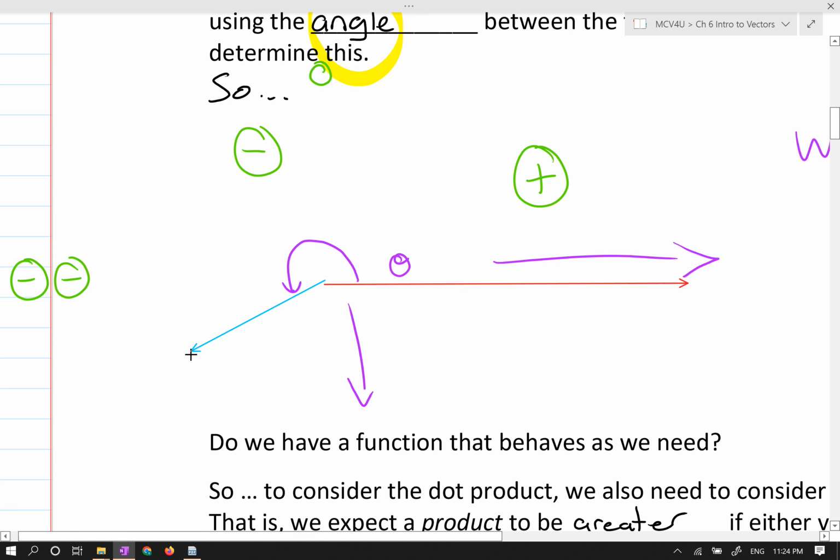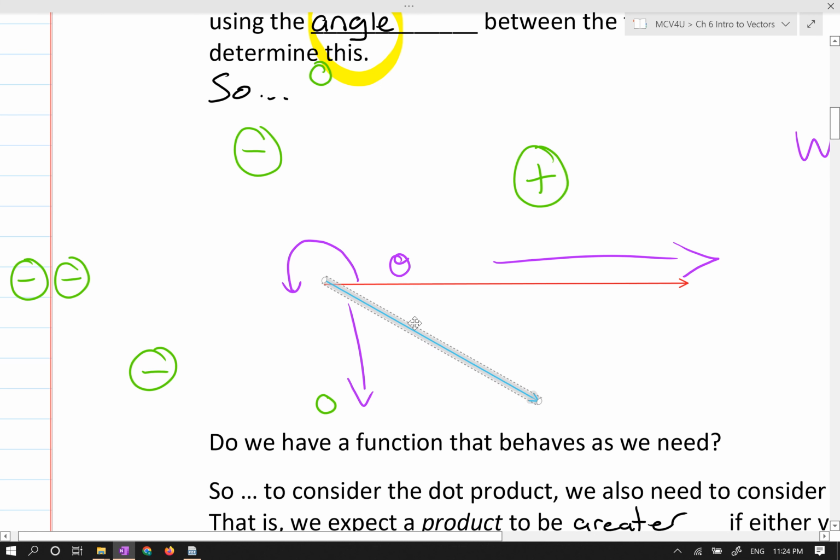Down here we're still expecting a negative dot product because if my blue vector is pointing down here, they're still working against each other, and then again, if my blue vector is pointing to the south, I'm expecting no dot product, or rather a dot product of 0.